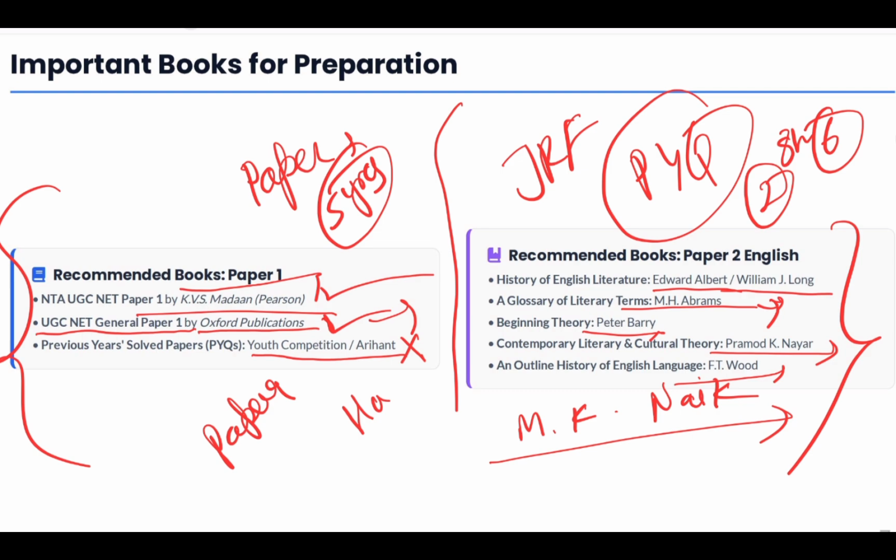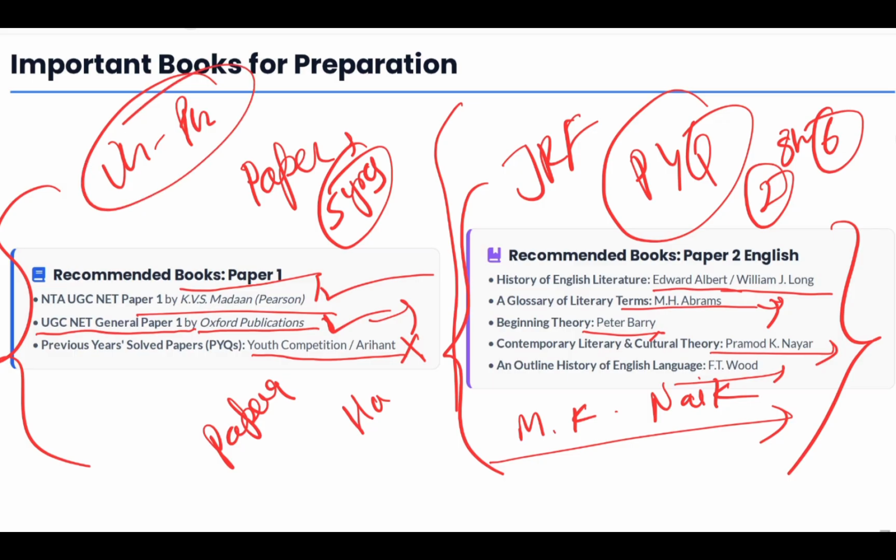So I walked into that examination knowing that I could not possibly remember everything, but I trusted the preparation I had done. So when the result came, JRF in my first attempt, I was really very happy. So if you want to prepare for this examination, please refer to these books, and your UG and PG syllabus is very important.